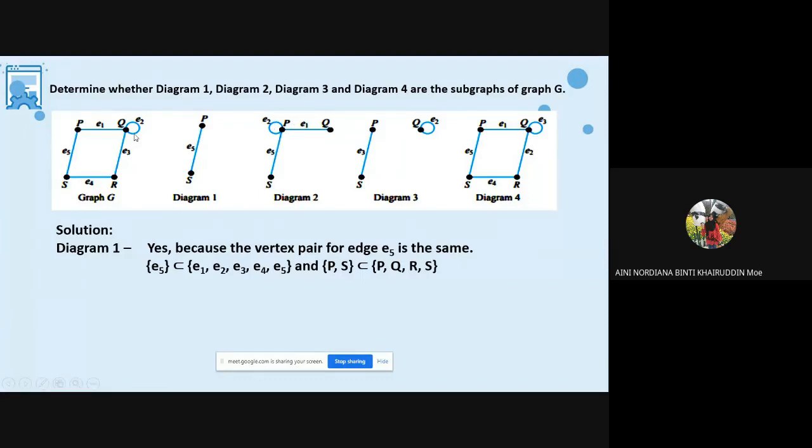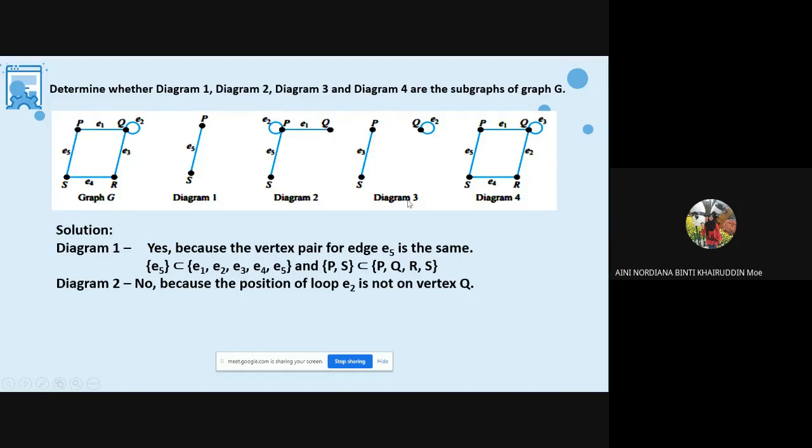E2 sepatutnya dekat mana? Dekat Q. Kan? Tiba-tiba dia lukis dekat P pula. So bila ada penambahan, automatic dia jadi not a subgraph. So answer no. Because the position of loop E2 is not on vertex Q. E2 ni bukan dekat vertex P. Sebenarnya dia dekat vertex Q.